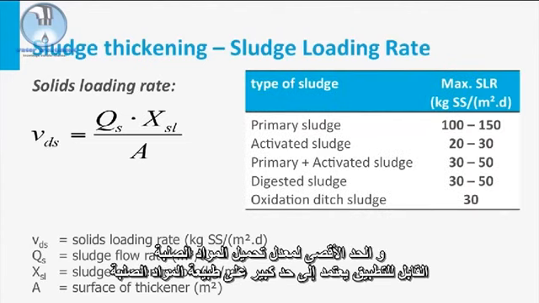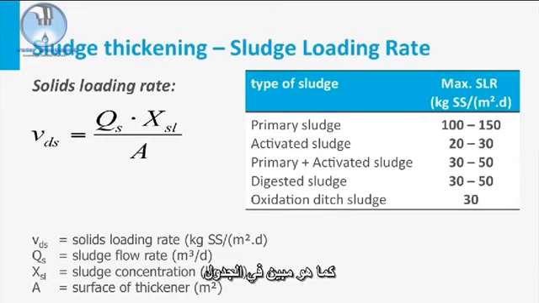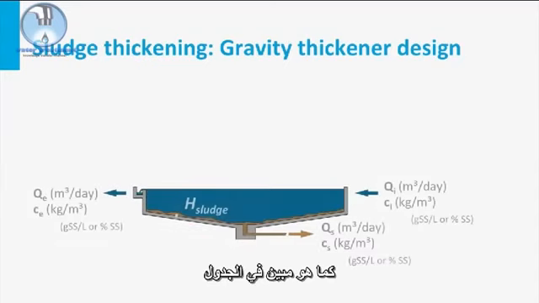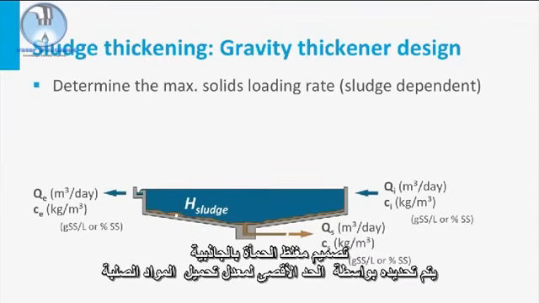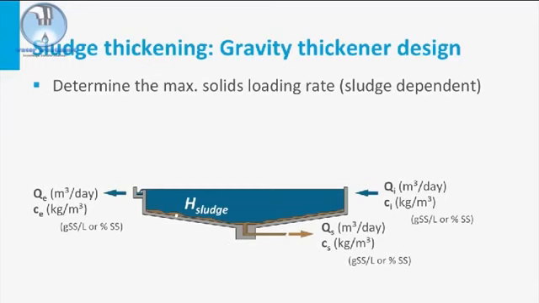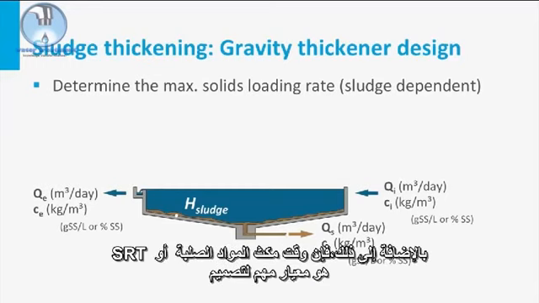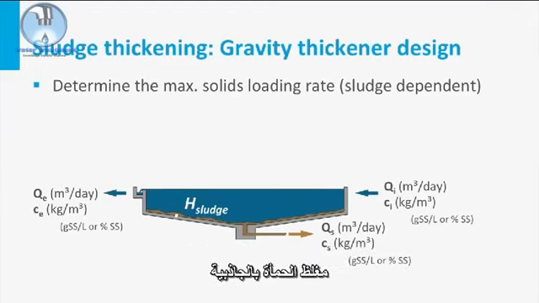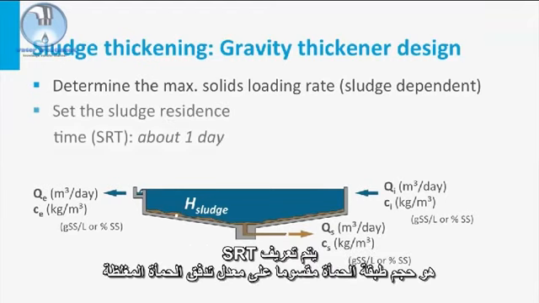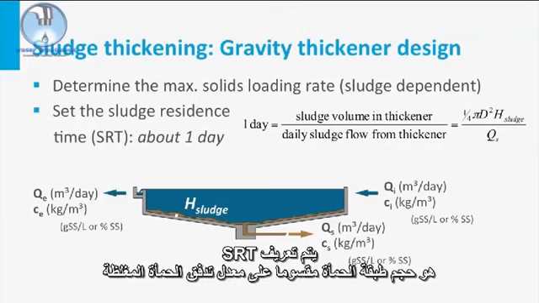The applicable maximum solids loading rate largely depends on the nature of the solids, as indicated in this table. The design of a gravity sludge thickener is determined by the maximum solids loading rate. In addition, the solids retention time, or SRT, is an important design criterion of the gravity thickener. The SRT is defined by the volume of the sludge layer divided by the flow rate of the thickened sludge.